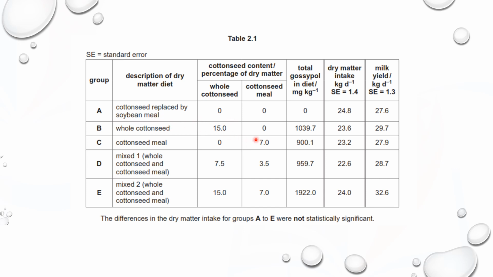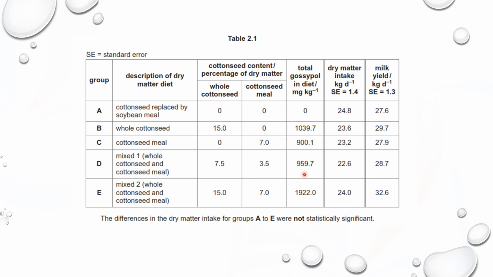So look at this. Can you see that? Yeah, all right. It supports it because look at total gossypol, the ones that have a high amount of total gossypol give high milk yield, like E, followed by B, right? And of course, if you check also, you find that as total gossypol increases, the milk yield increases.